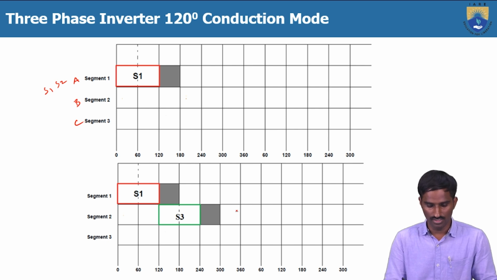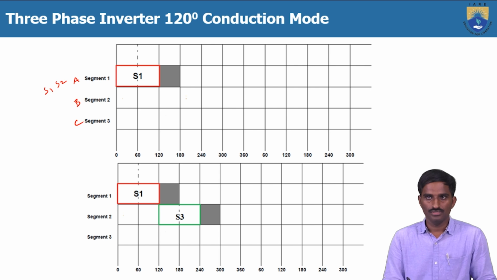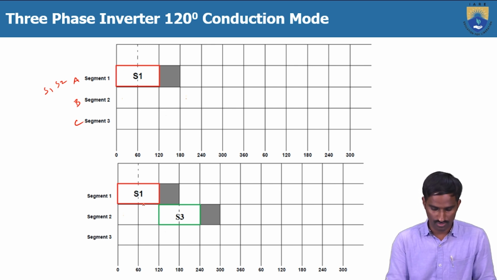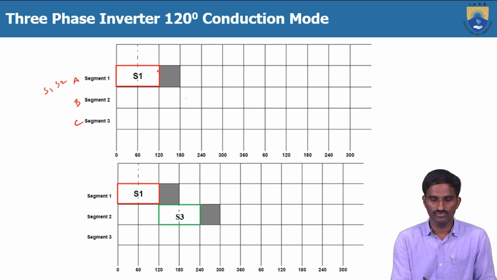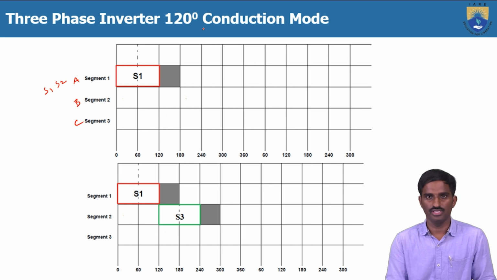In the first case, first S1 is turned on. How long should S1 turn on? Here this is 0 to 60, 60 to 120. So S1 should turn on for 120 degrees, because here it is the 120 degree conduction mode.